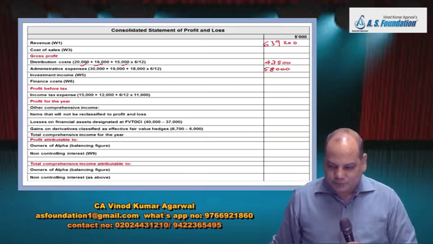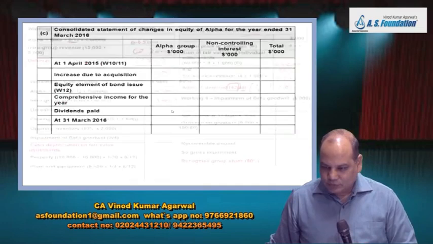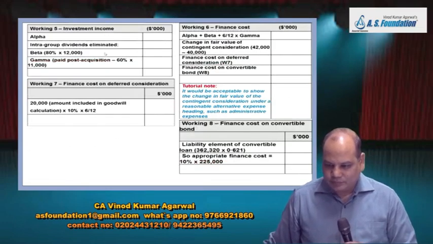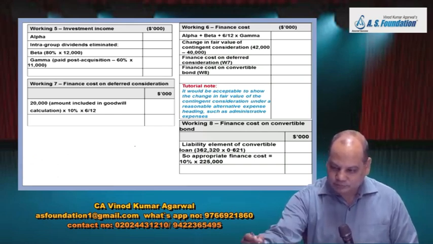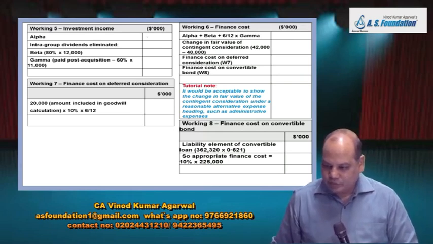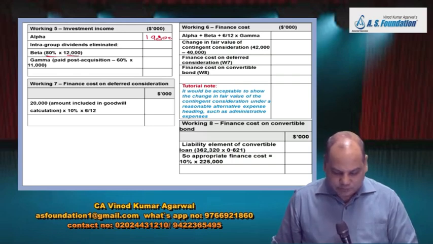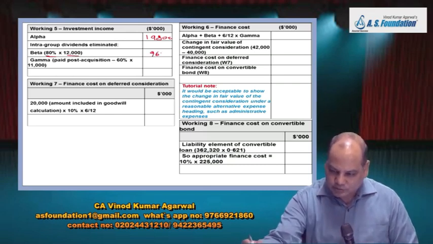Investment income, working note 5. Let us come to working note 5 on the screen. Investment income 19,800, write down. First 19,800. And then intra-group dividend eliminated from beta, we received 80% of 12,000. So how much is 80% of 12,000? 9,600. Very good.